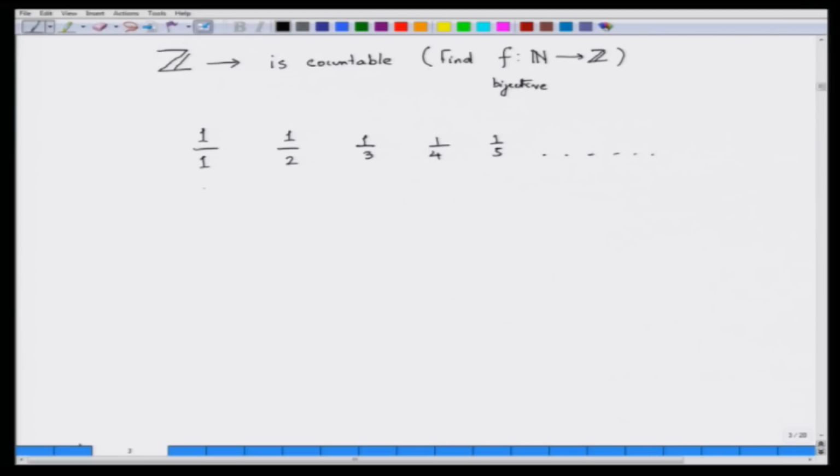Then you start with 2 in the numerator and all the remaining numbers in the denominator: 2 by 2, 2 by 3, 2 by 4, 2 by 5 and so on. Similarly, now you take 3 in the numerator and the rest in the denominator. Of course, there is repetition: 1 by 1 is the same as 2 by 2 is the same as 3 by 3.